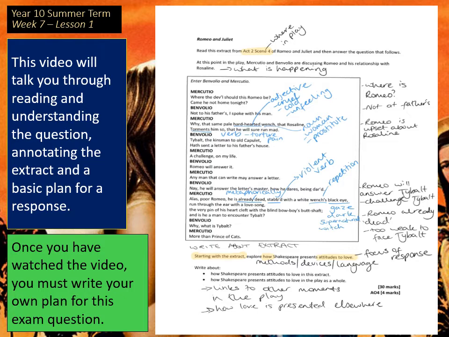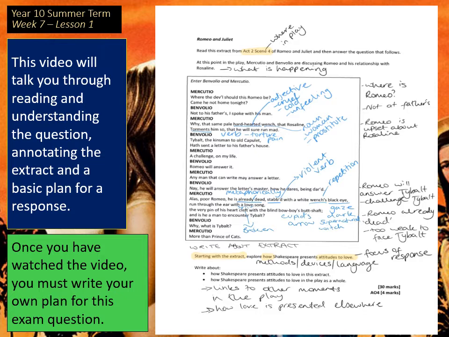And then he gives this quite funny description of what Cupid has done to Romeo. The very pin, the very centre of Romeo's heart, cleft, so split. Let's make a note of that, split, so broken, with the blind bow boy's butt shaft. He's talking about Cupid's arrow, and it sounds funny and cheeky because it is. We've talked about Mercutio as that funny, bit rude character before.